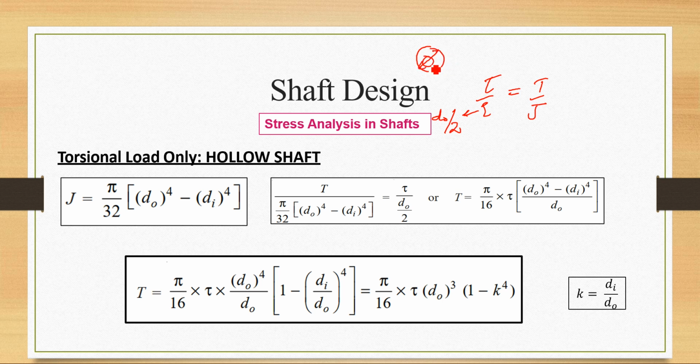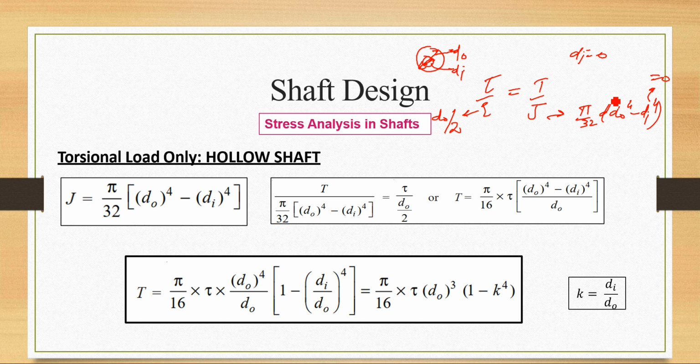One is the outer diameter, which is d outer, and one is the inner diameter, which is d inner. So R is the outer diameter over 2, and J is defined as pi by 32 times d outer to the 4 minus d inner to the 4. If we have a solid shaft, d inner is equal to 0, we end up with the same formula as d outer becomes d, and this becomes 0. We again get pi by 32 d to the 4.